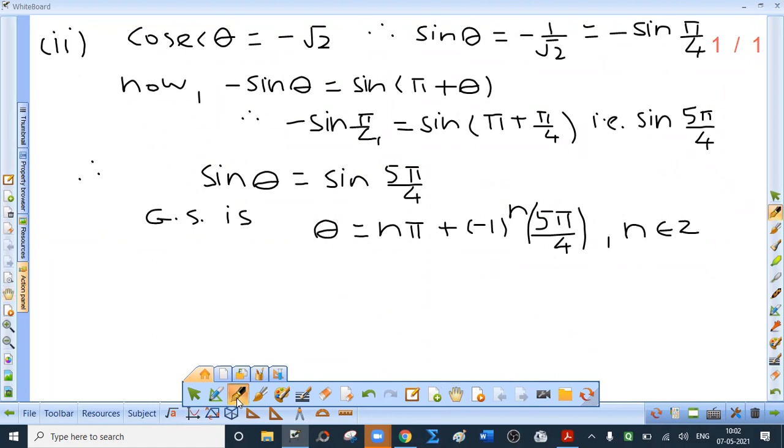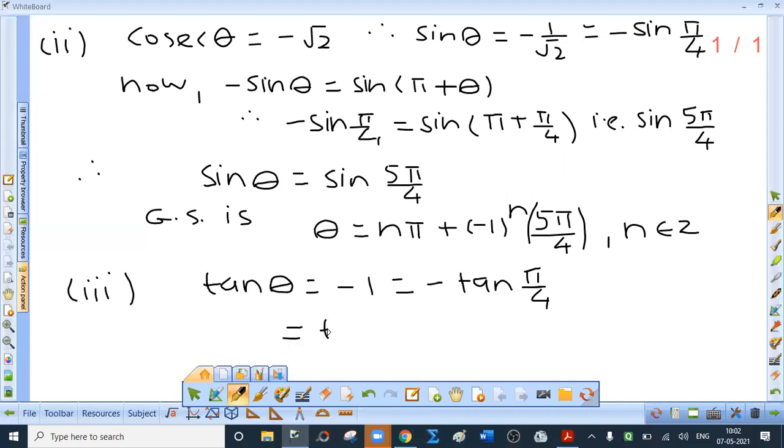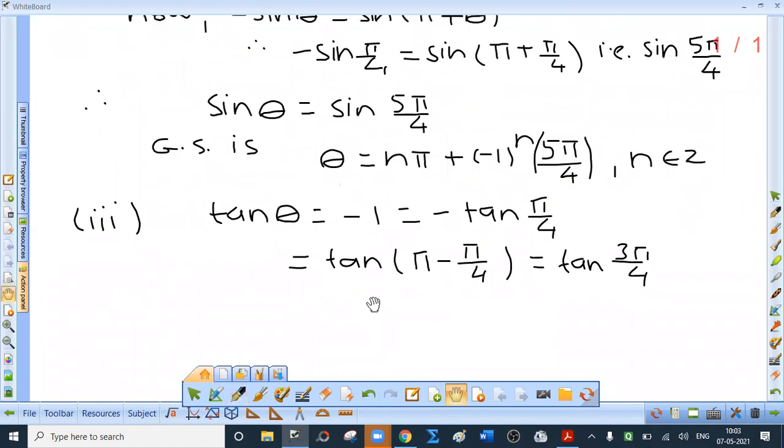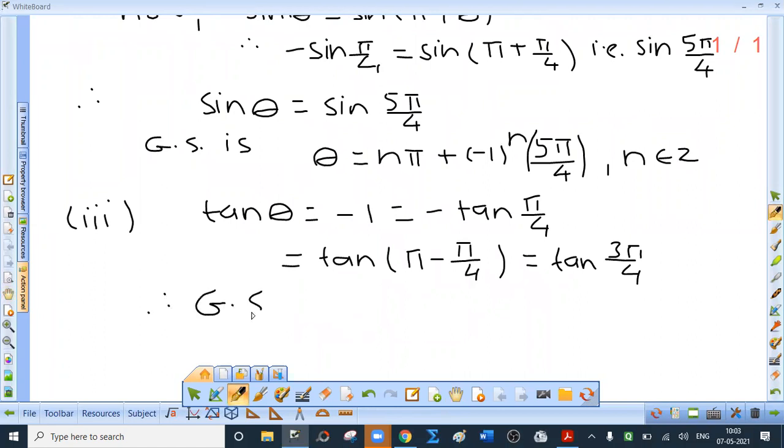Now one more sum and then we'll stop. See, tan theta is minus 1, right?